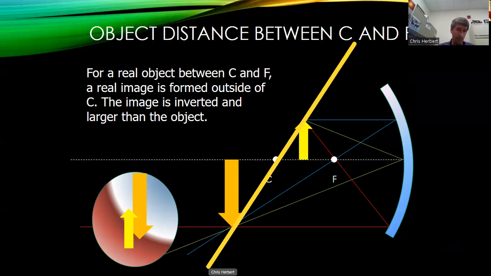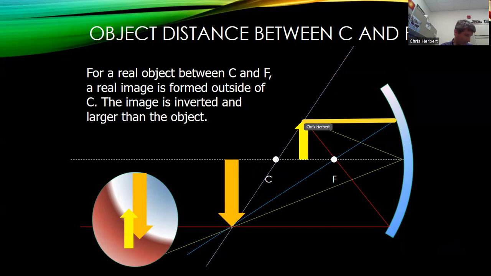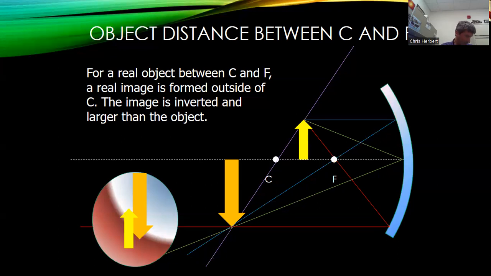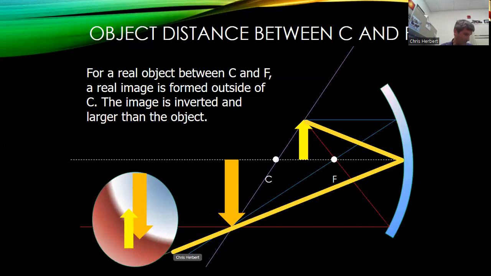Our mirror is actually not big enough in this diagram to have that ray hit it. Again, here's our parallel to focus ray. Here is our focus parallel ray. And then finally, reflecting off of the optical axis, we get this green ray here.